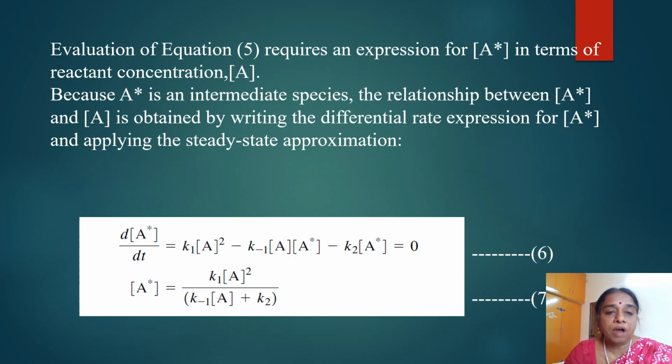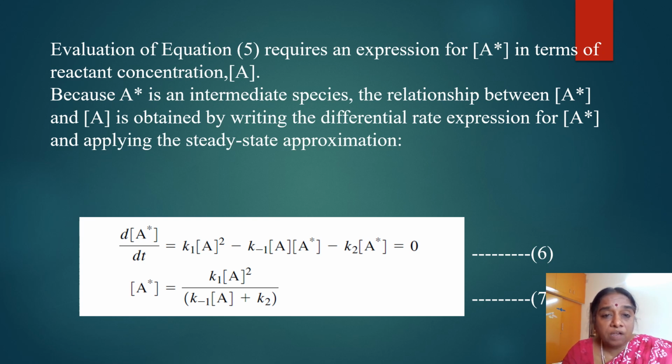To arrive at the concentration of A star, the active intermediate formed during the course of the reaction, we need the rate of formation of A star and the rate of decomposition of A star, so that we can substitute that in equation 5.